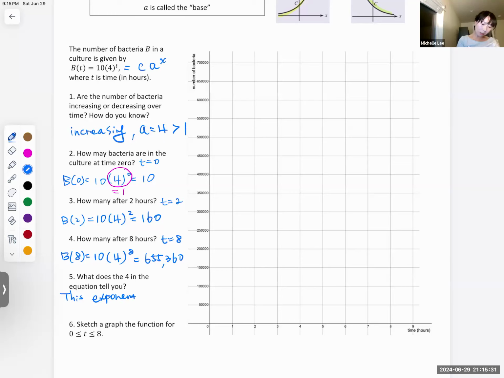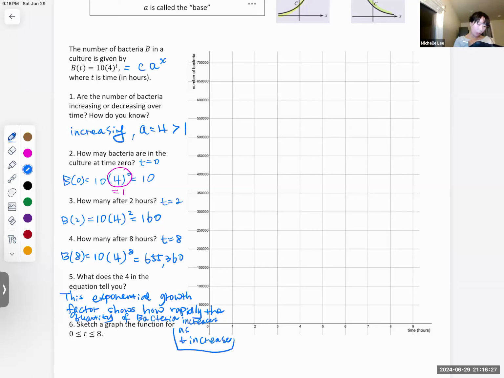Exponential growth factor shows how rapidly the quantity of bacteria will increase as T increases. Sorry about that.